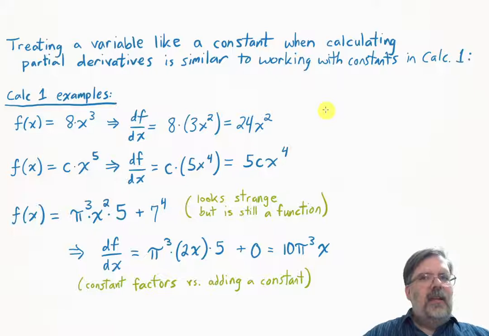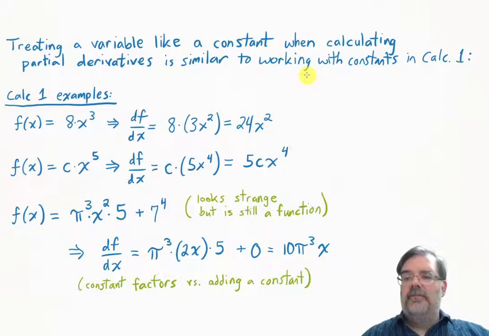So the main idea I want you to take from this is that when you're calculating partial derivatives, one of the variables is changing, and the other variable will behave like a constant. And when you're calculating partial derivatives, that's very similar to working with constants as you did in calculating derivatives in Calculus 1.